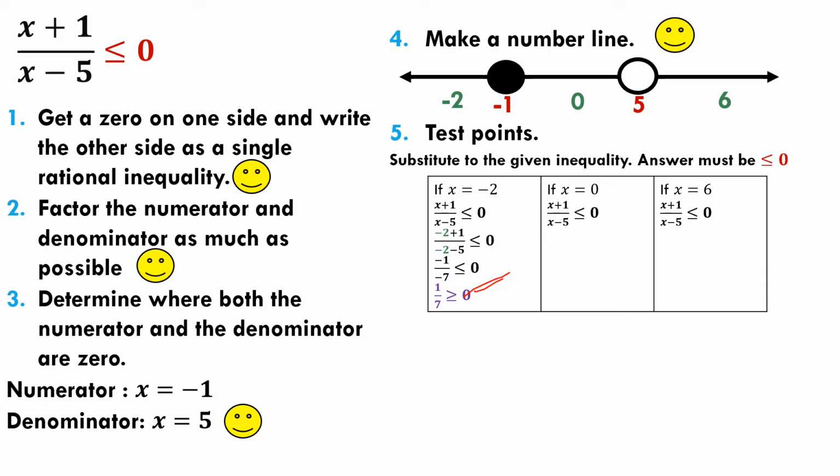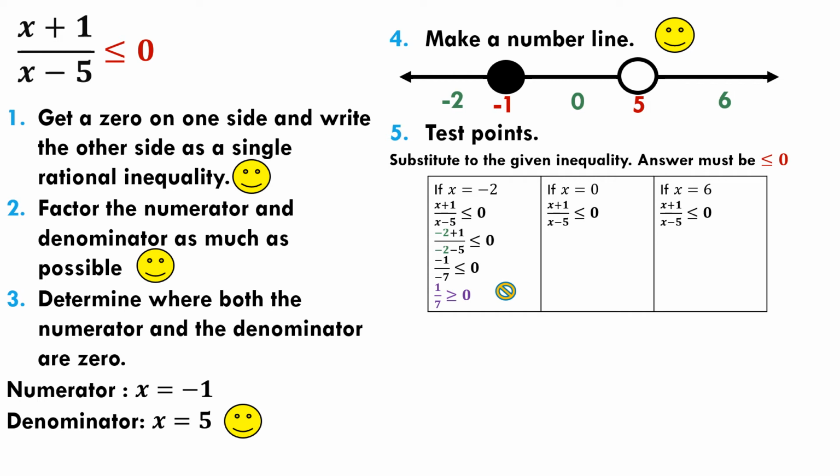Ano yung sagot? So, as you can see here, ang final answer natin is 1 over 7, and 1 over 7 is not less than 0. Okay, so that means hindi siya pwede. Later malalaman natin, hindi siya solution.